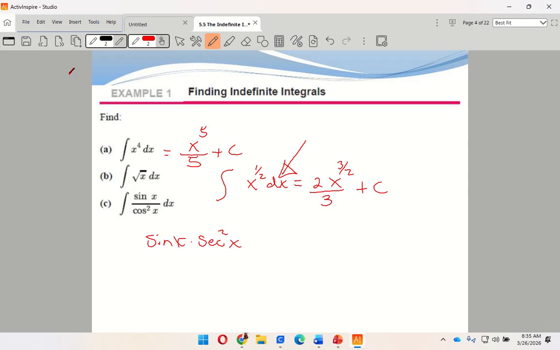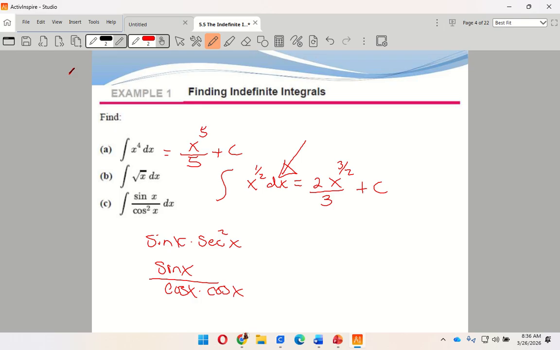Okay. When we did derivatives, was this one of my answers? No. Okay, is there another way to rewrite it? Here, I'm going to rewrite it like this so you can see it first. So sine x over cosine x times cosine x.